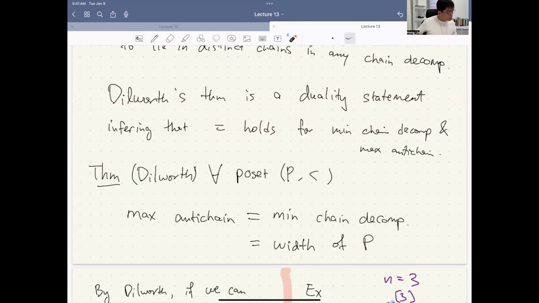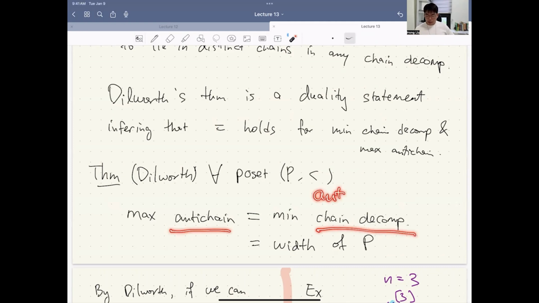So, well, what is the dual of Dilworth's theorem? So some of you were probably already wondering why we take this anti-chain here and take chain decomposition.